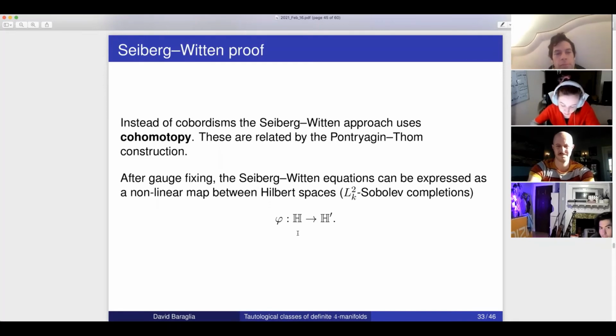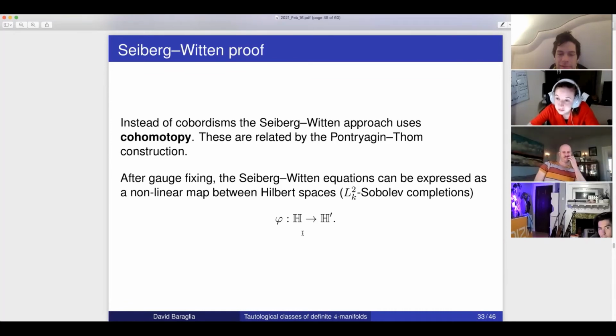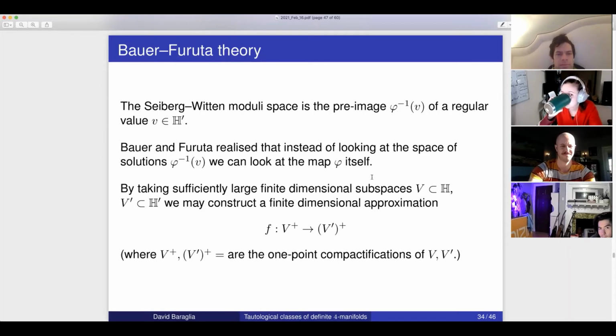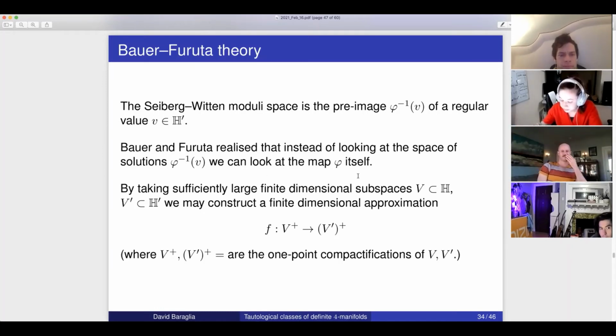You could take the one-point compactification. Well, I shouldn't say that. You could add one point to make these into spheres, but of course, because they're spheres of infinite dimensional Hilbert spaces, those spheres would be contractible, so you wouldn't get any homotopy information. But what you do is you take a finite dimensional approximation.